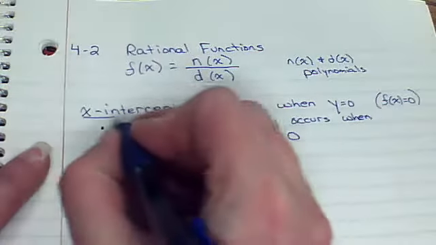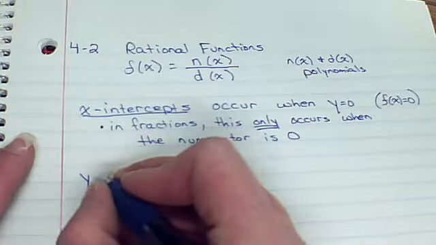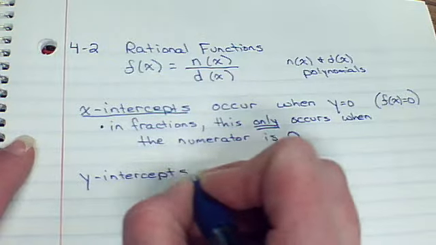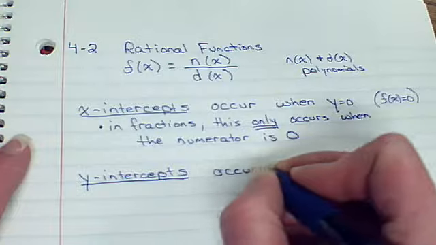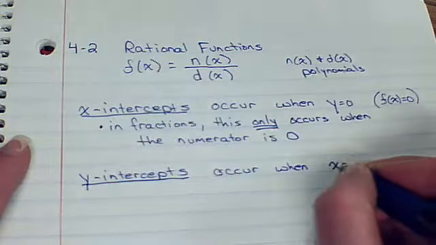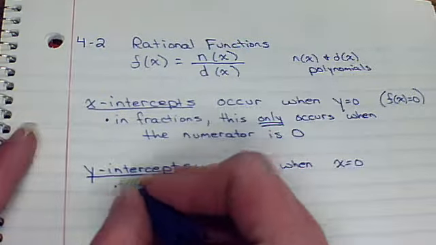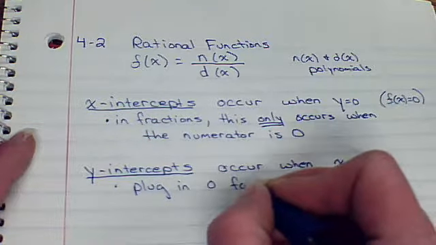Very simple. Now, the next key feature on any graph are your y-intercepts. Now, y-intercepts are pretty easy to find as well. Y-intercepts occur when x is 0. Well, that's easy on anything. Plug in 0 for x.